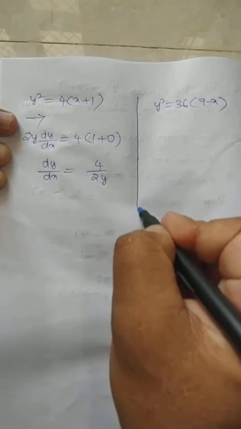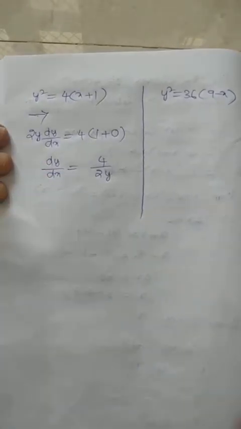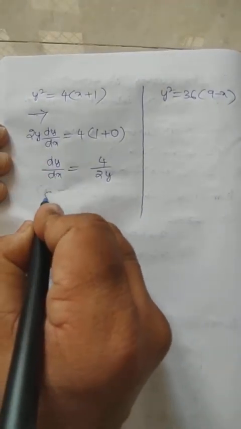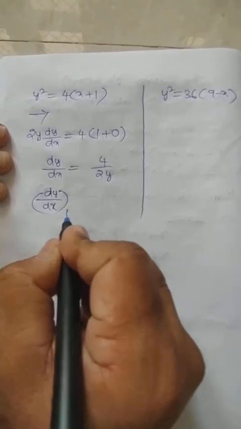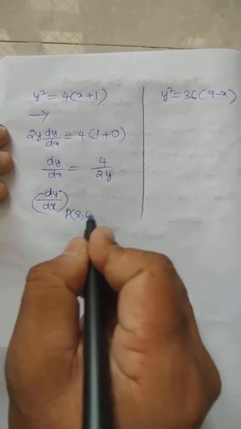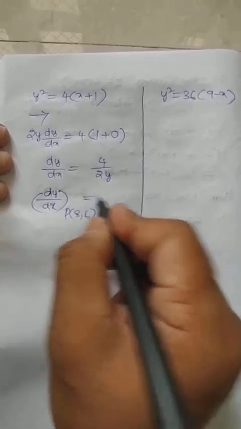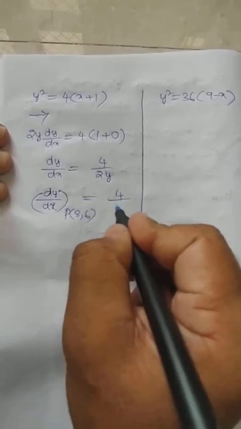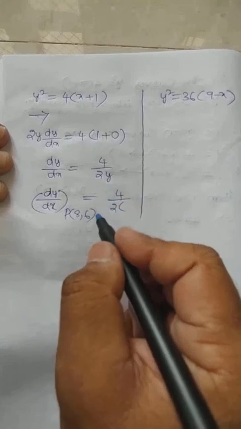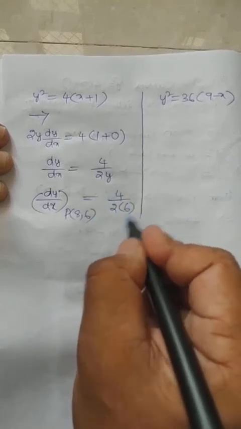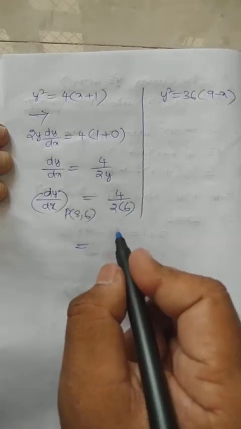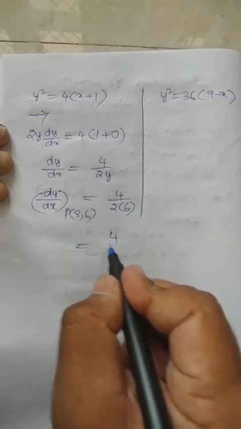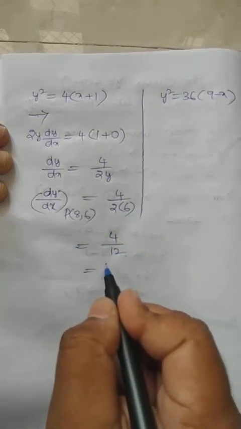At the point P of 8 comma 6, it is 4 by 2 into 6, so 4 by 12, that is equal to 1 by 3.